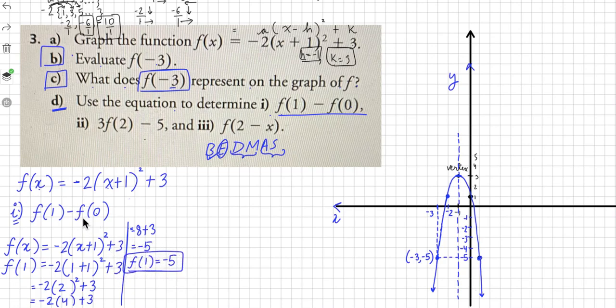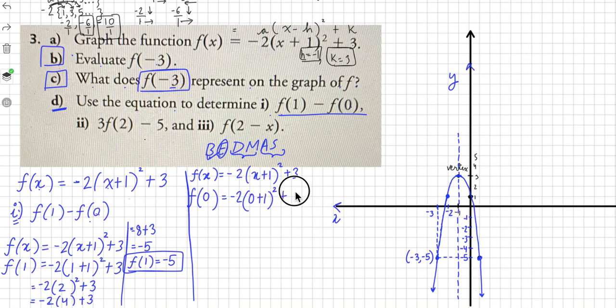Next up, solving f of 0. The f of x function is negative 2 brackets x plus 1 whole squared plus 3. We are solving f of 0, so x is replaced by 0 everywhere in the equation. So x is 0 plus 1 squared plus 3, and negative 2 stays the same.